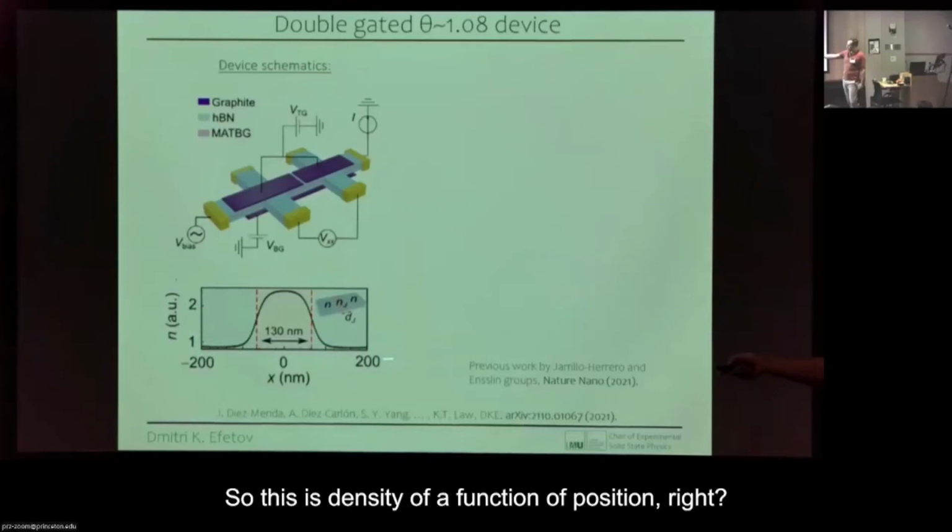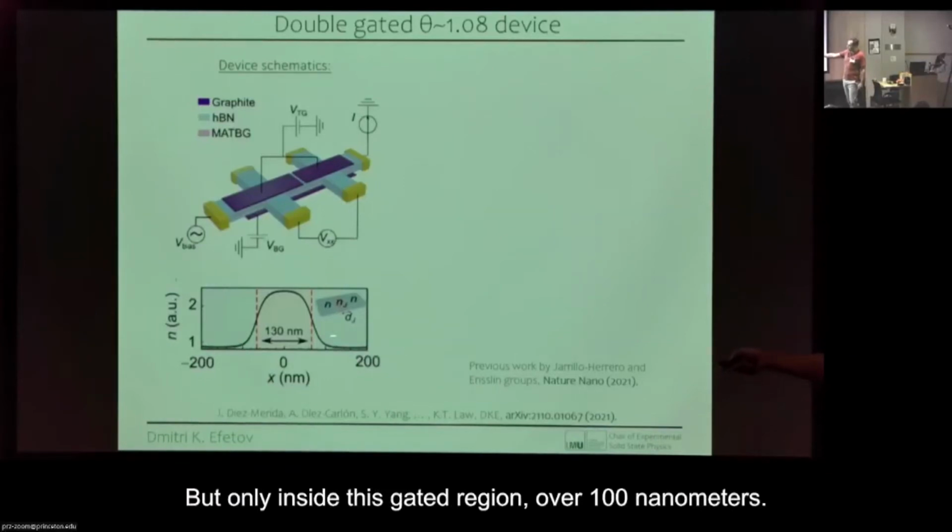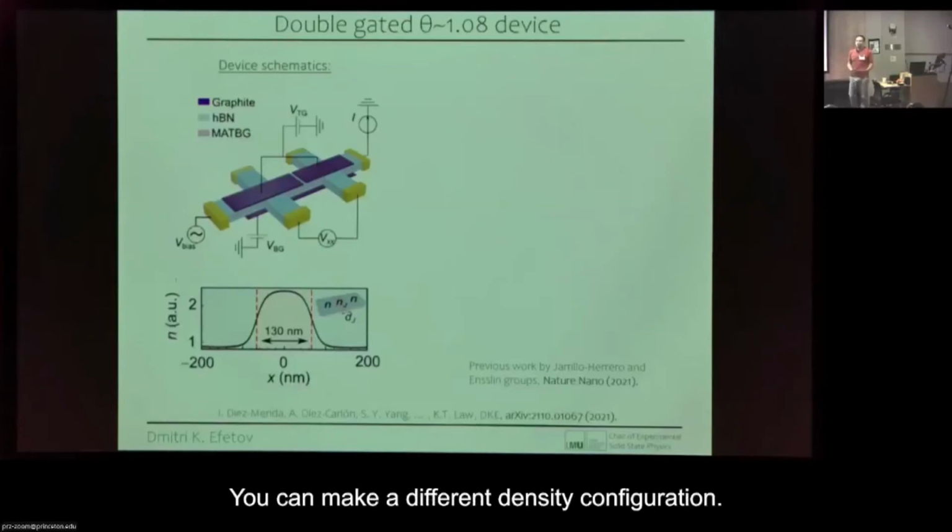This is density as a function of position, along this trajectory. So you can make a device where most of the device has a certain carrier density, but only inside this gated region of around 100 nanometers, you can make a different density configuration.